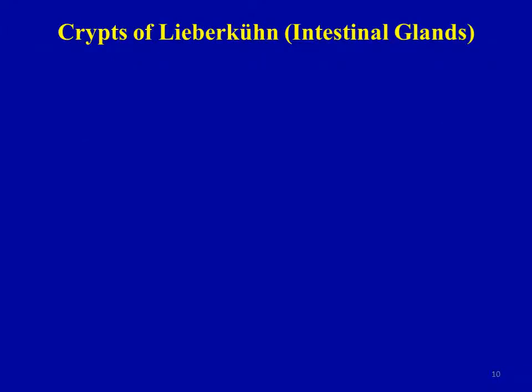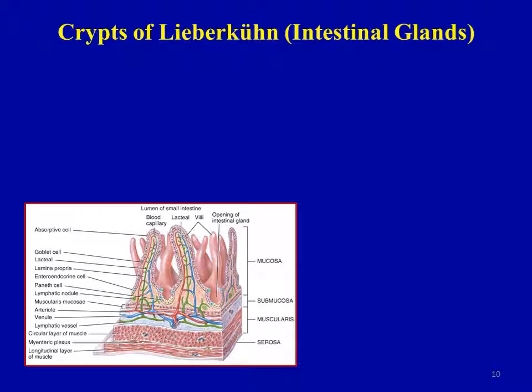As you can see in this illustration, this is a part of the small intestine wall. We can see the layers: the serosa, the muscularis externa, inner circular and outer longitudinal, separated by the myenteric plexus. Then we have the submucosa that is rich in blood vessels, lymphatics and nerve fibers, and the muscularis mucosa that separates the mucosa from the submucosa.